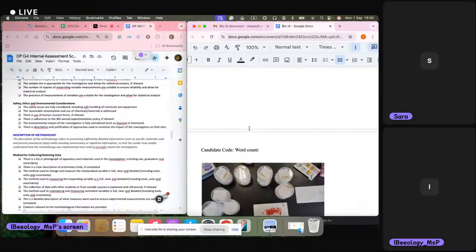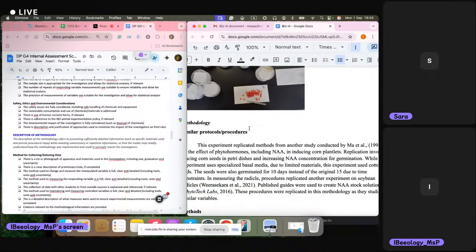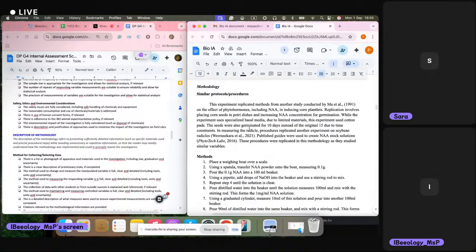Okay, methodology: similar protocols and procedures, the experiment replicated methods of another study on the effect of phytohormones in inducing corn plantlets.